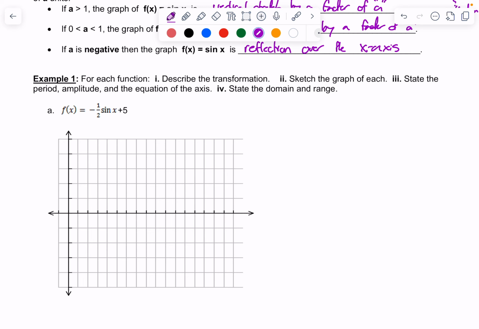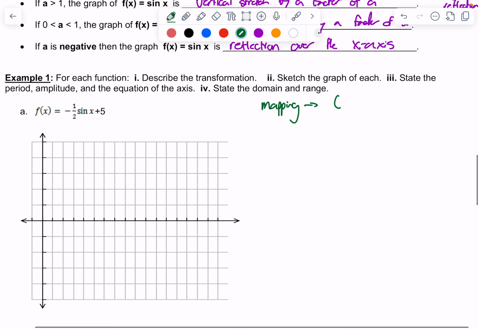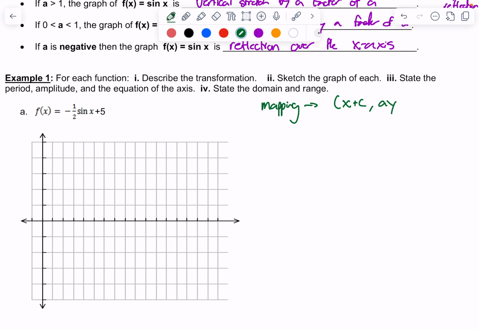So if we're sketching the graph, whenever it says sketch a graph, use the mapping notation, okay? So that's why I showed you in the beginning what the different transformations have and where to put them on what variable. So overall, your mapping notation, well, we looked previously and we said, okay, x plus c, and then it's a y, same as quadratics, plus d, all right?